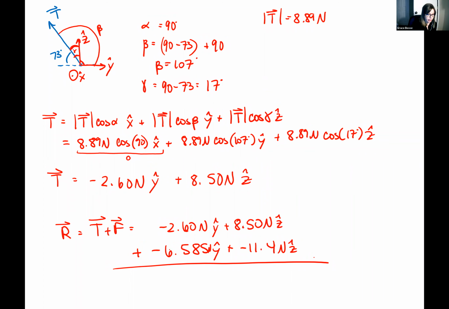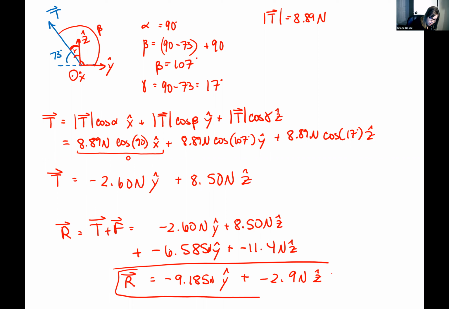Let's add them together. Negative 2.6 plus negative 6.585, I get negative 9.185 newtons y hat, plus positive 8.5 plus negative 11.4, I get plus negative 2.9 newtons z hat. So that is my expression for vector r in component form.